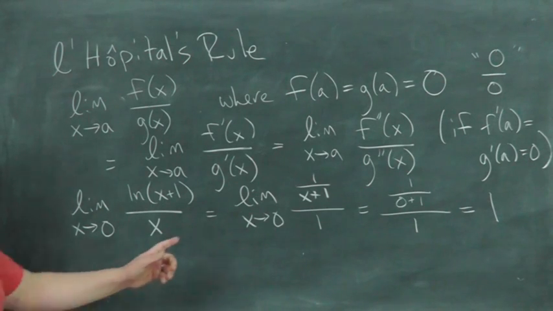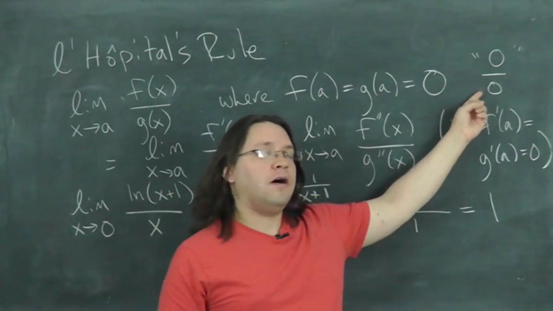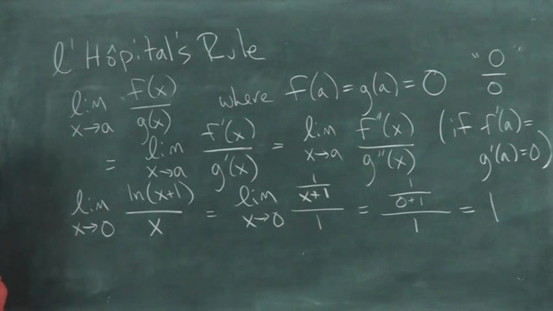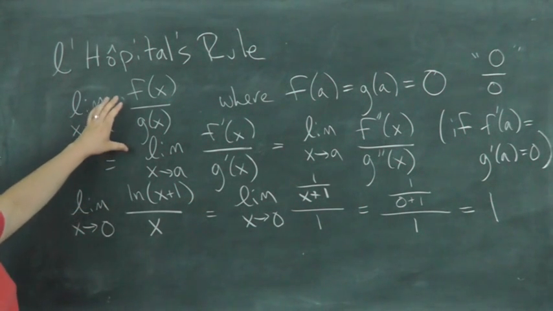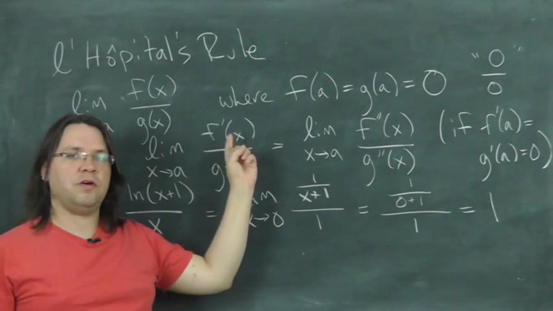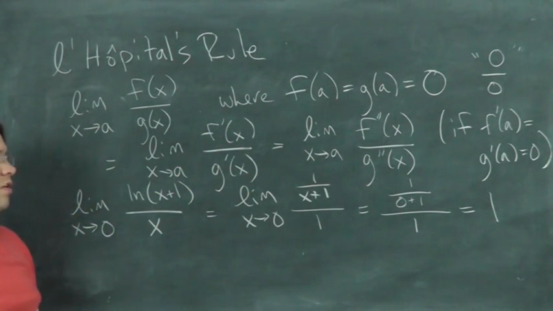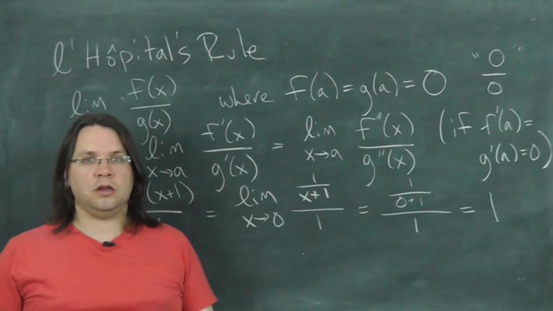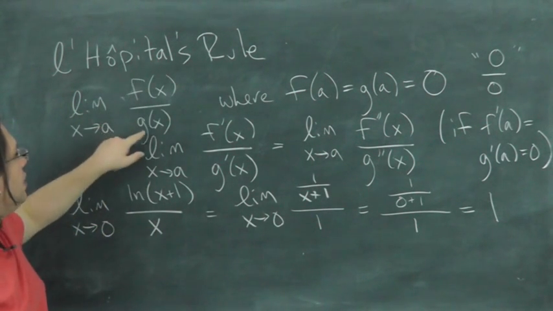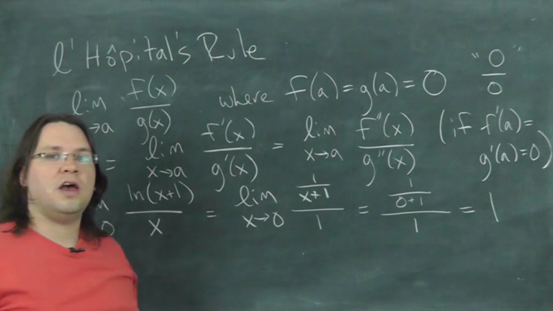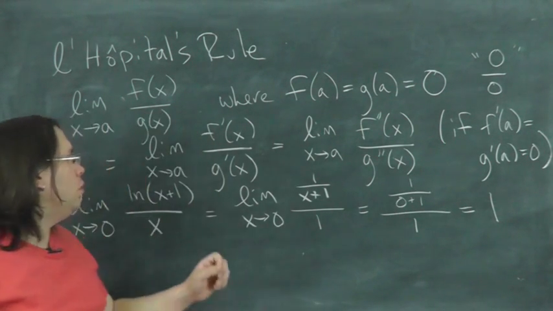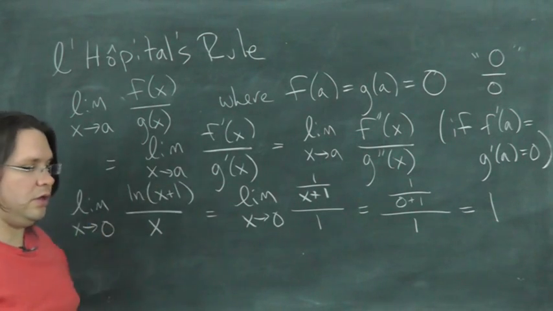So L'Hopital's rule says if you have a limit of the form 0 over 0, then you take the original functions, replace the top one with its derivative, and the bottom one with its derivative, and then you try to take the limit again. Now, it's very important that what you don't do is take this function f of x divided by g of x and take the derivative of the whole function using the quotient rule. We're taking the derivatives separately.